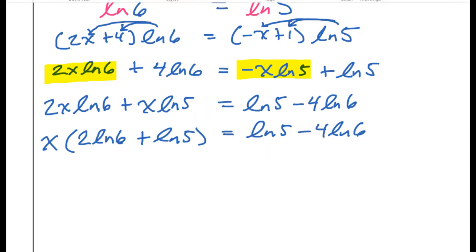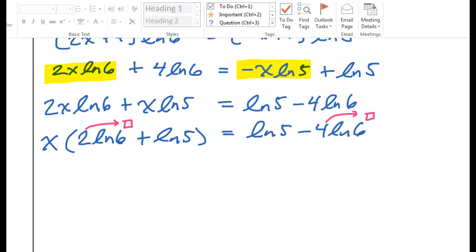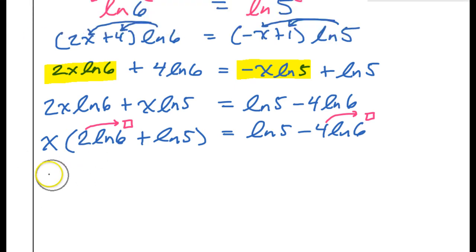Now, all of the coefficients in front of logs can become exponents according to the power rule. So this 2 can turn into 6 squared. This 4 will become 6 to the 4th power.